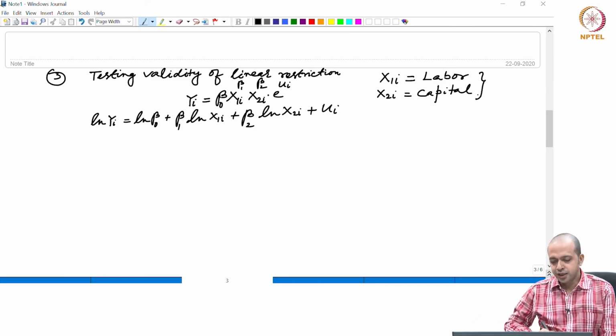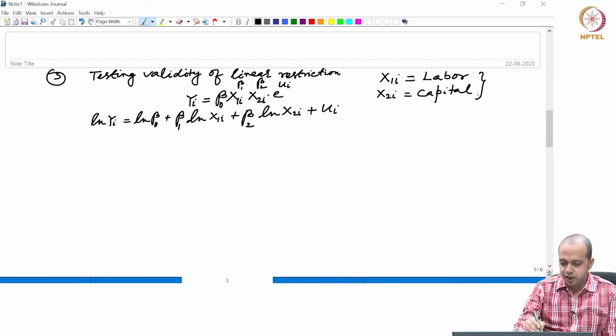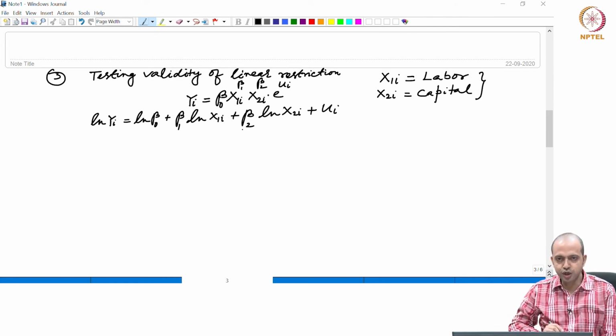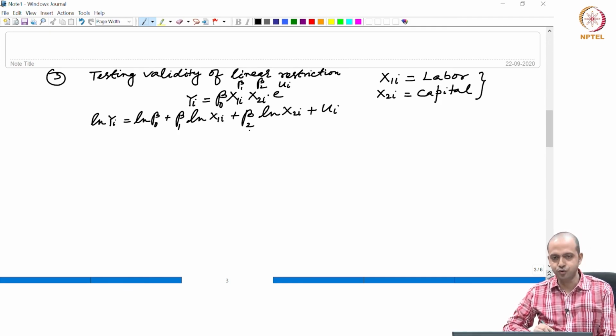Okay. And then we also said that since this is a linearized log-log model, the interpretation of beta 1 and beta 2 is actually the direct elasticity measure. So, beta 1 indicates for 1% change in labor, what would be the change in output, and beta 2 indicates for 1% change in capital, what would be the change in output.